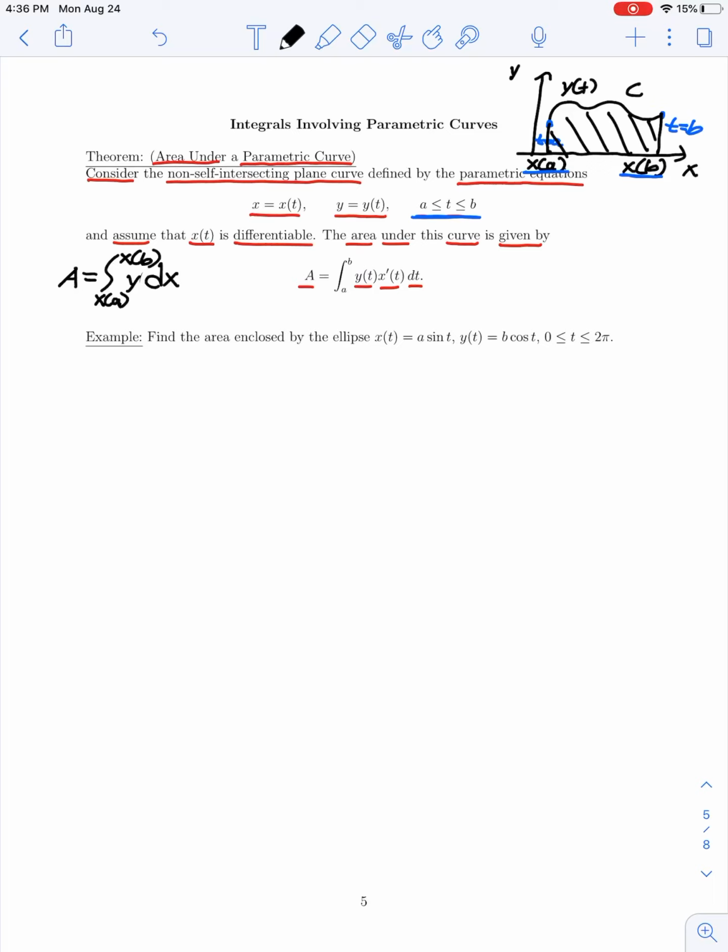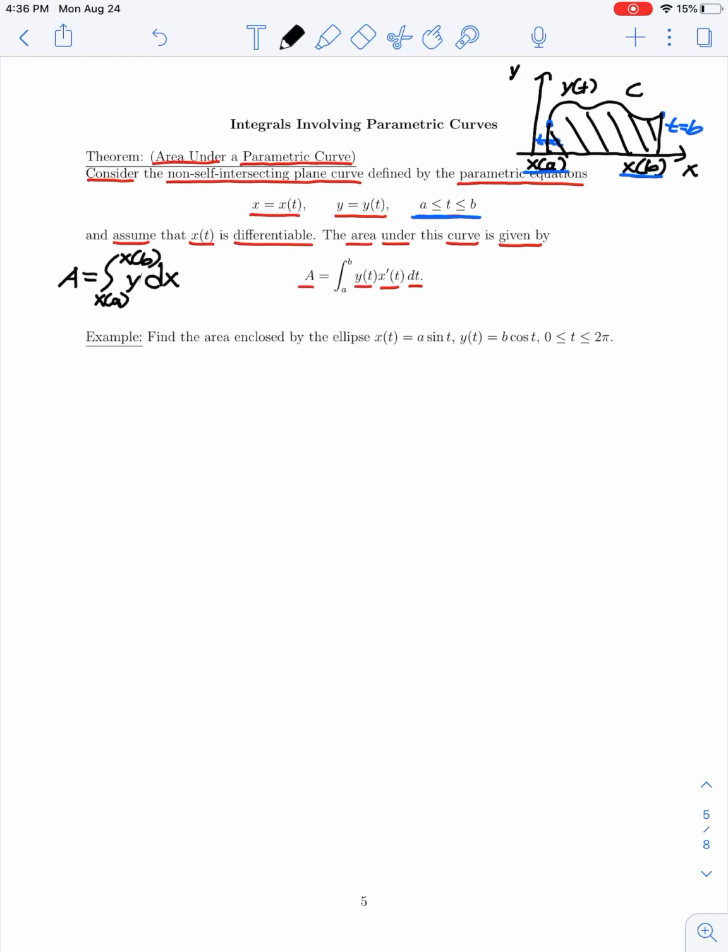But since we're working with a parametric curve, we have parametric equations describing the x and y coordinates for points on that curve. So we'd like to transform this integral from an integral in terms of x to an integral in terms of t.